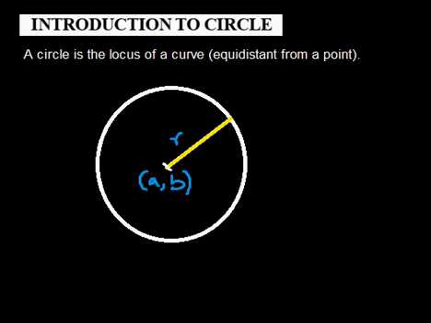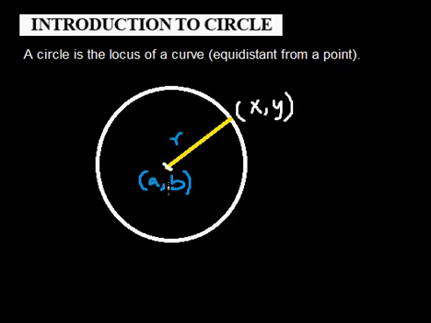And of course, see the diagram here. A circle will always have a center, and the center of the circle I'm giving a coordinate of a comma b. The circle has a circumference. Let me use c to represent the circumference of the circle. Let me just write the coordinates x comma y.